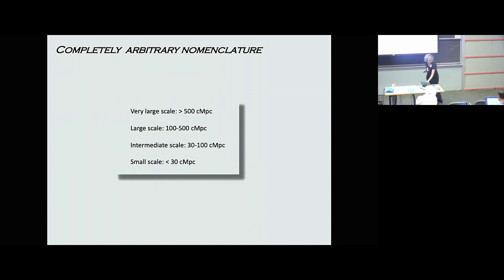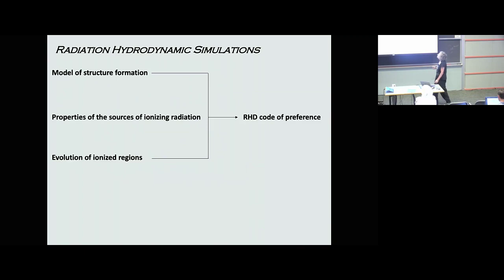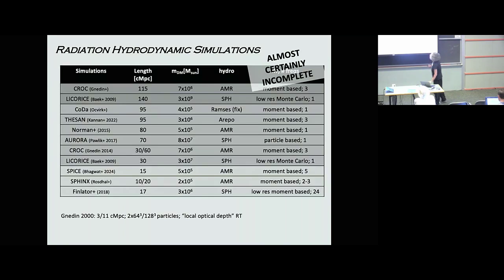So let's start with the radiation hydrodynamic simulations. In this case, the three ingredients are basically directly contained in your code of preference. And this is a table containing some of the radiation hydrodynamic simulations that have been run to study reionization.